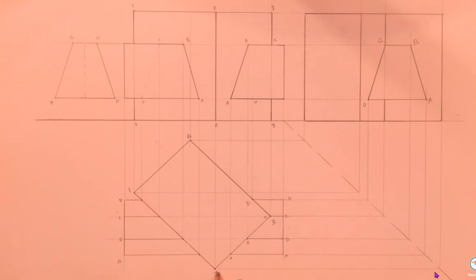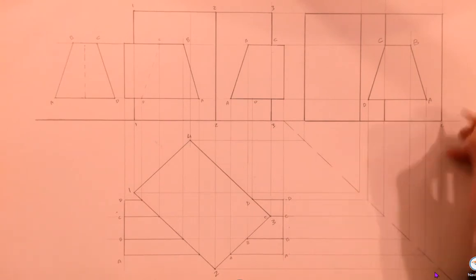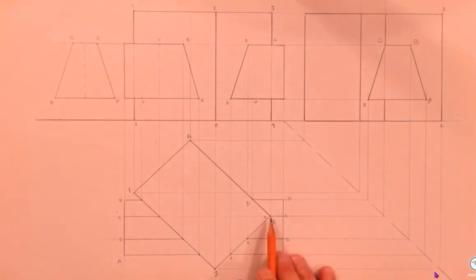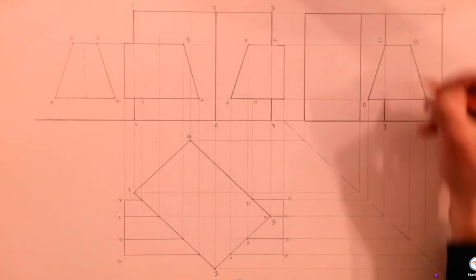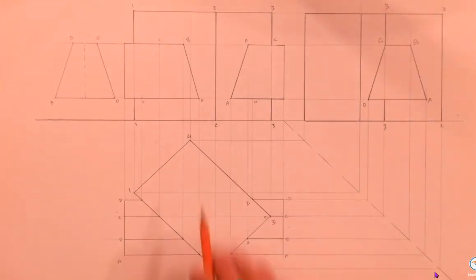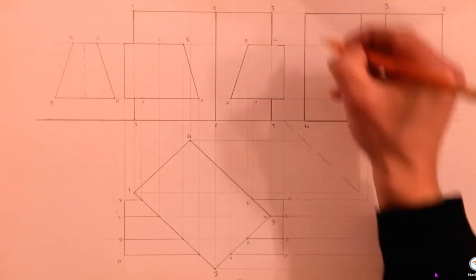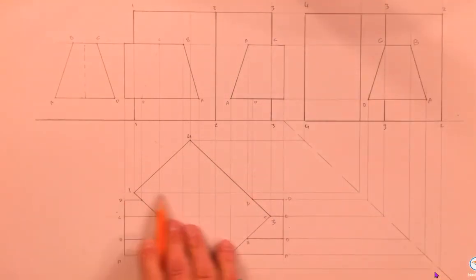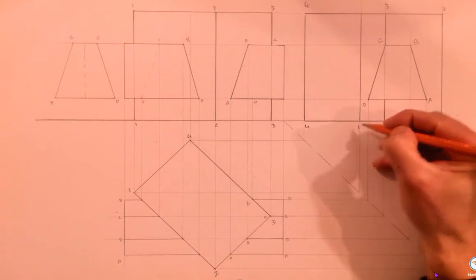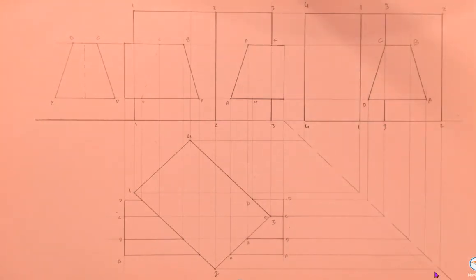We can label up the corners just to make sense of them. Here's 2, 2. 3, 3 is here. 4, 4, so 4 is here. And 1 is here. And we're done.